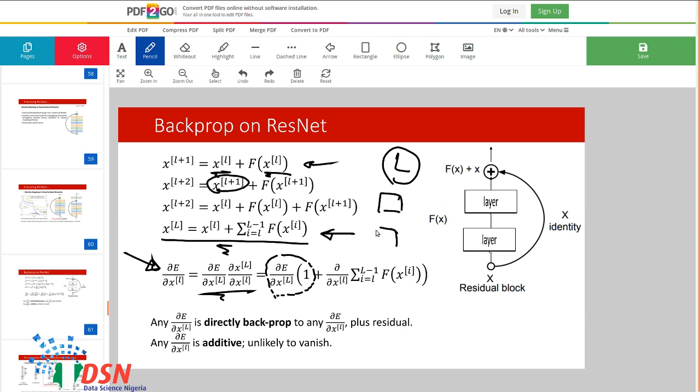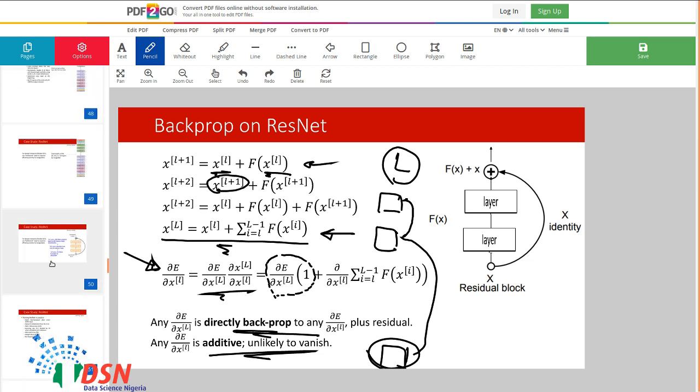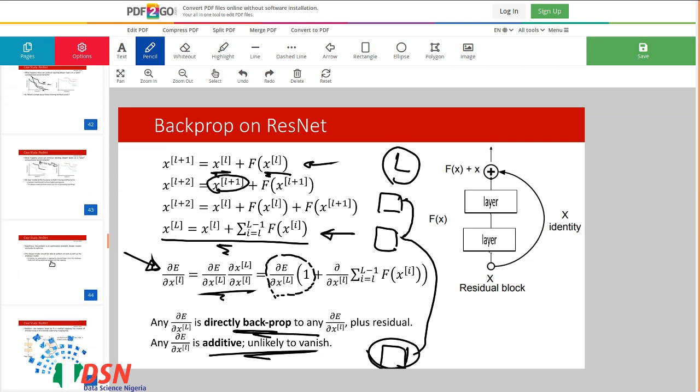So if we have residual blocks, the gradient can flow even to the first layer, directly, plus some residuals. This could make it unlikely to vanish, and in fact with this trick we could train deeper networks.